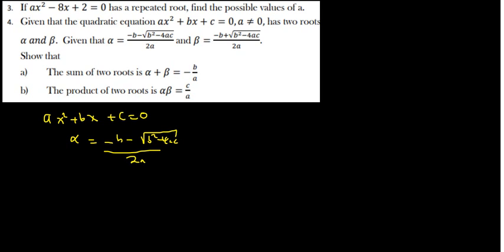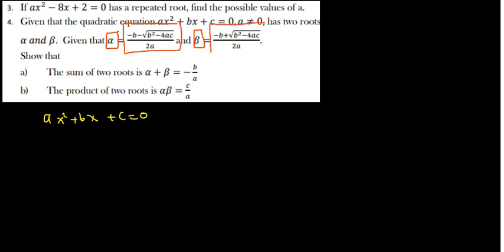Now, before I get to confuse anything, let me first remove this. Already we've been given that this equation has roots alpha and beta. Let's take it as though they've not given us those two values.